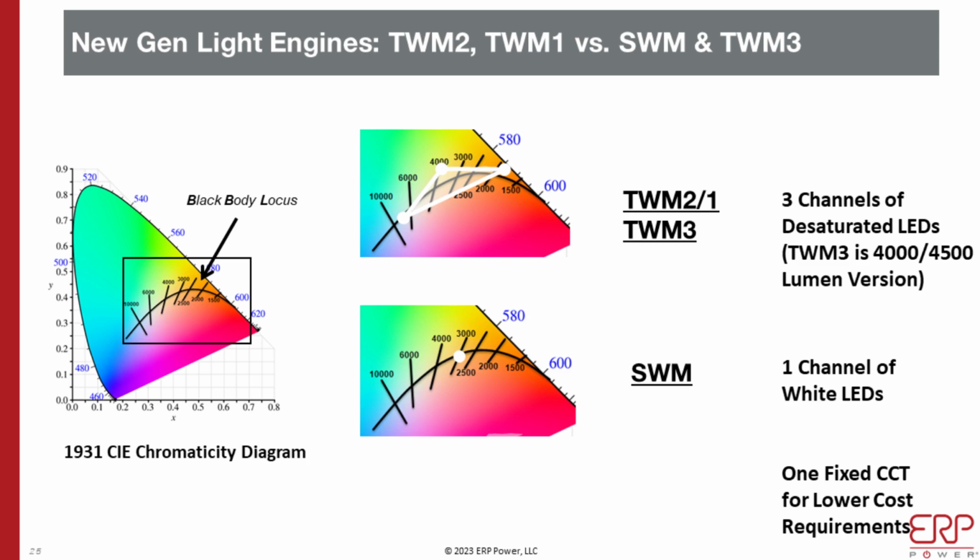I'm not a cost person, but I'll give you an idea since you asked. Think of the CTM1AC as a very high-end module, designed for high-end, much higher cost applications, while all these TWM engines are designed for low-cost, high-quality applications.